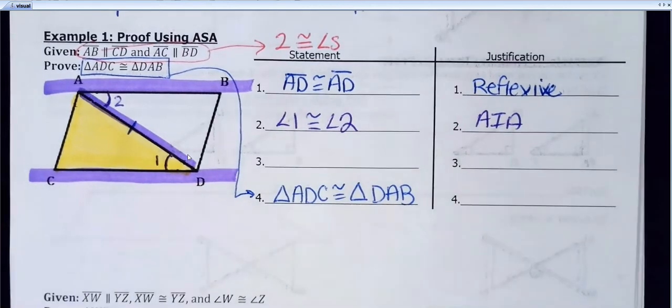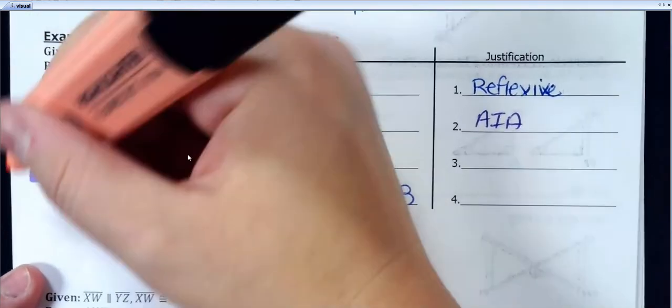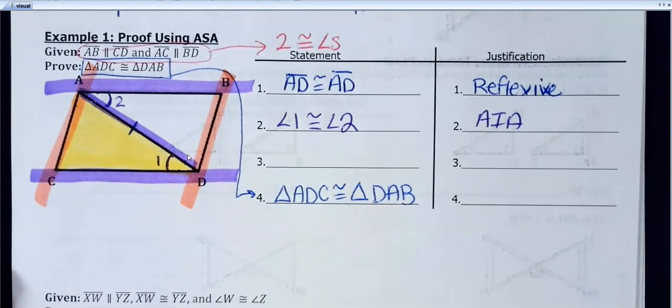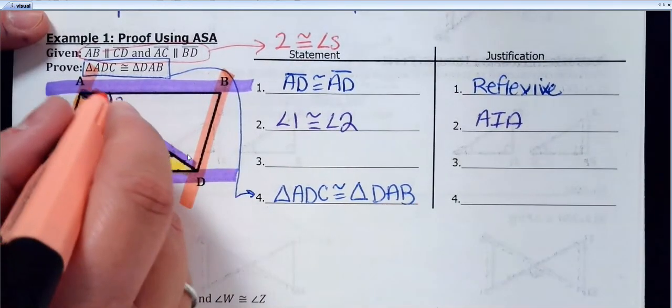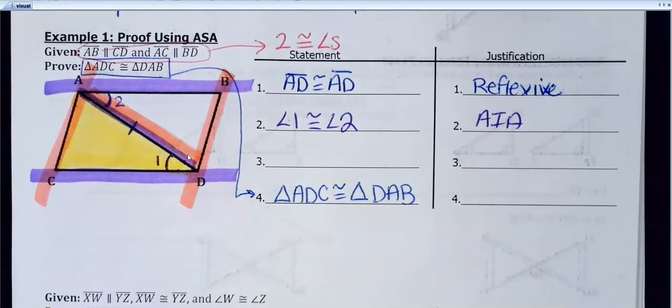Okay, now that is the only set of angles that I can get in those 2 triangles because of those 2 lines being parallel. Because it also says AC, that's the left side here, and BD, that's the right side there, are parallel, I'm going to also use that same line as the transversal. Because those 2 lines are parallel, let's see if I can get another set of angles.